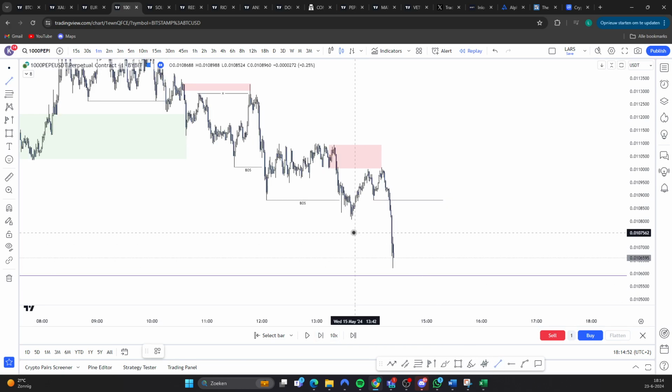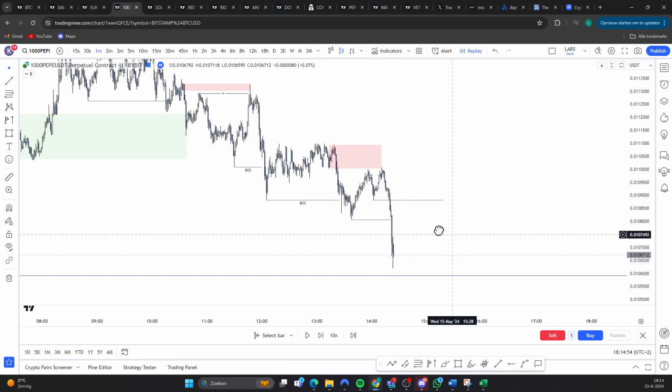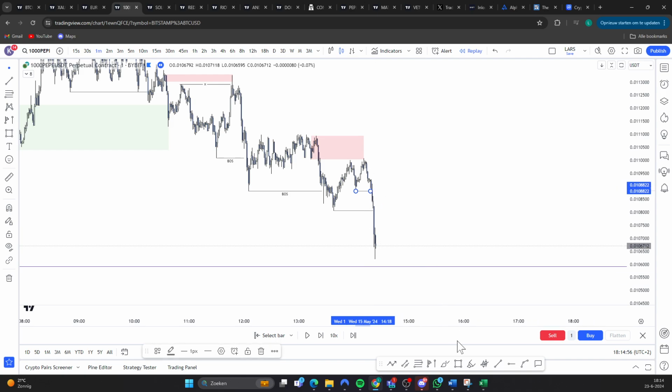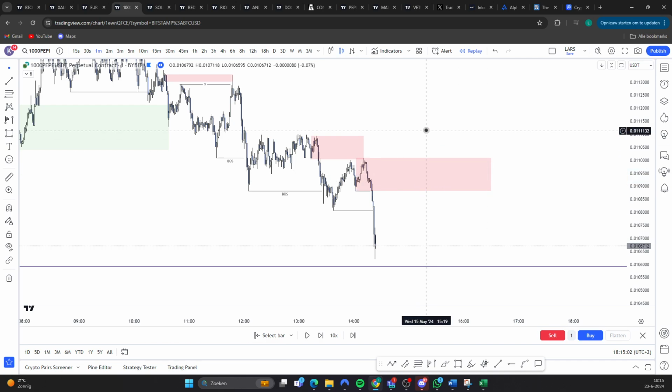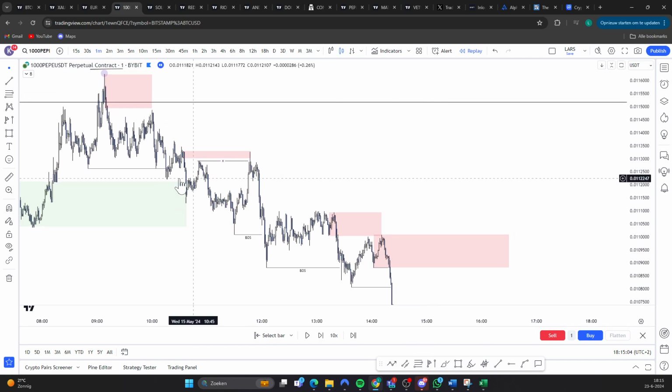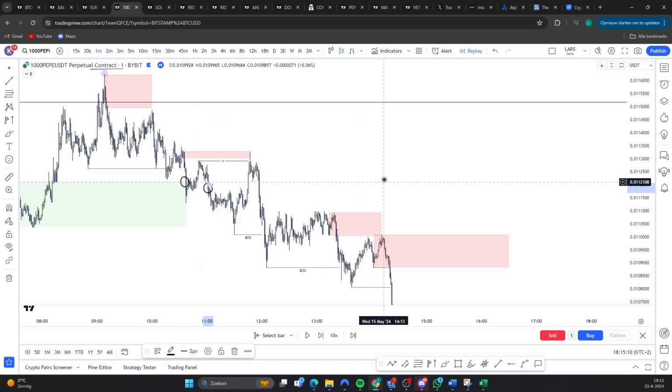There you go, simple market structure continuation plays. Mind you, we took a 2% risk on this one. We added on this break, and we added on this break.